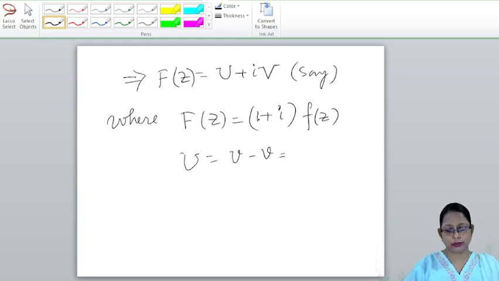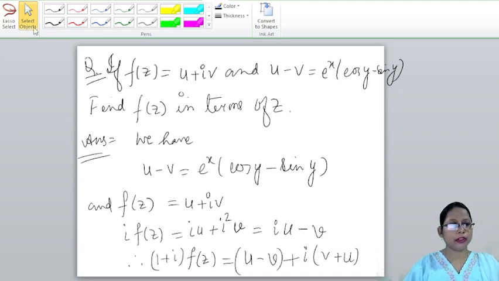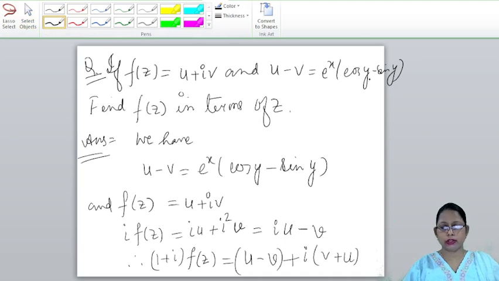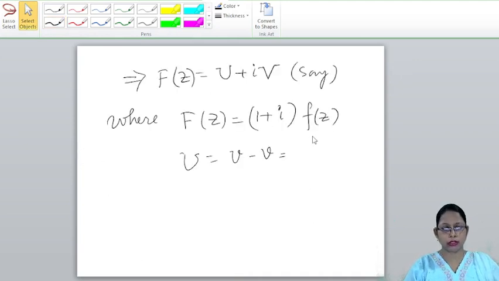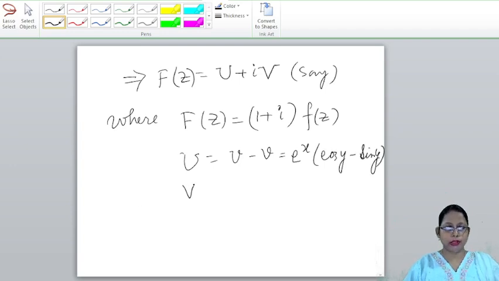Here it is u minus v, which is e to the power x (cos y minus sin y). Then capital V is u plus v, and here it is not given.